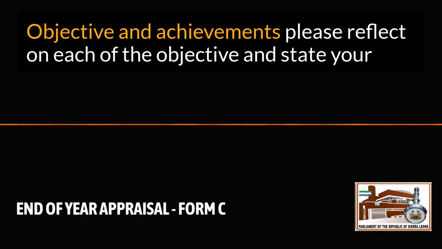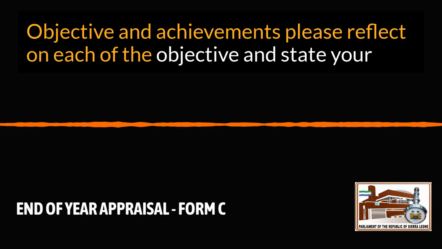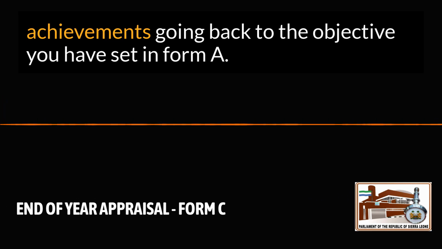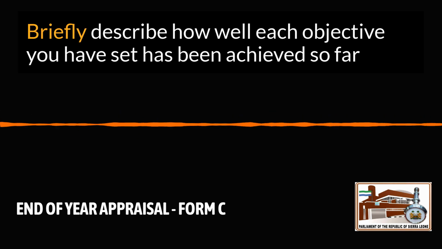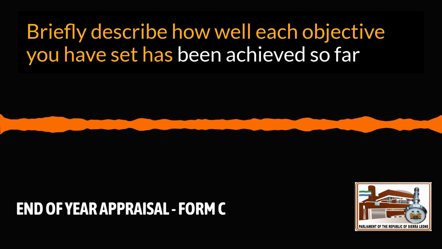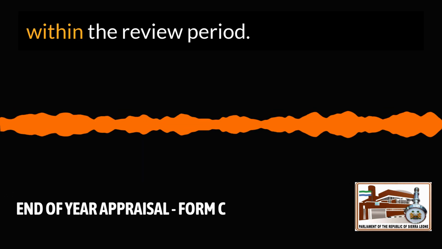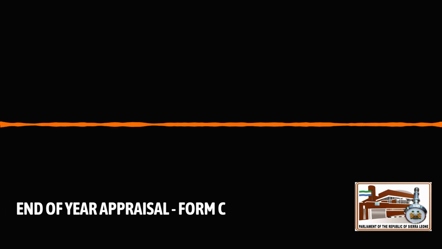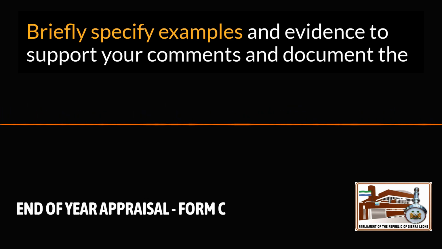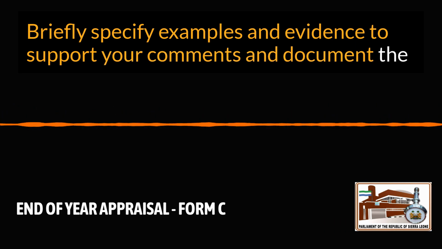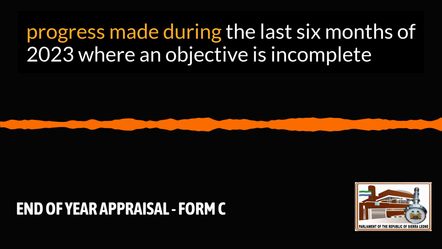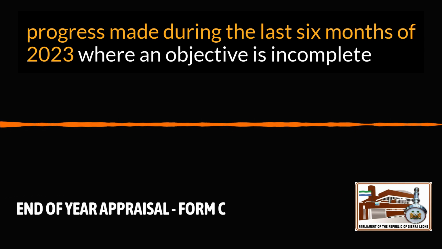Objective and achievements. Please reflect on each of the objectives and state your achievements. Going back to the objectives we have set in Form A, briefly describe how well each objective has been achieved so far within the review period. Briefly specify examples and evidence to support your comments and document the progress made during the last 6 months of 2023.